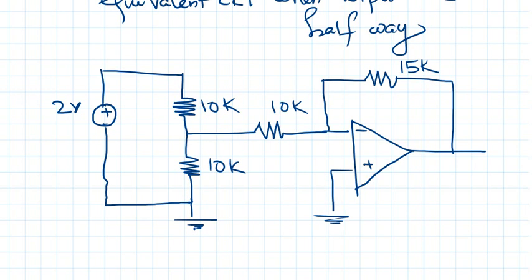Then consider this point is V1, and this point is VA and this point is VO.